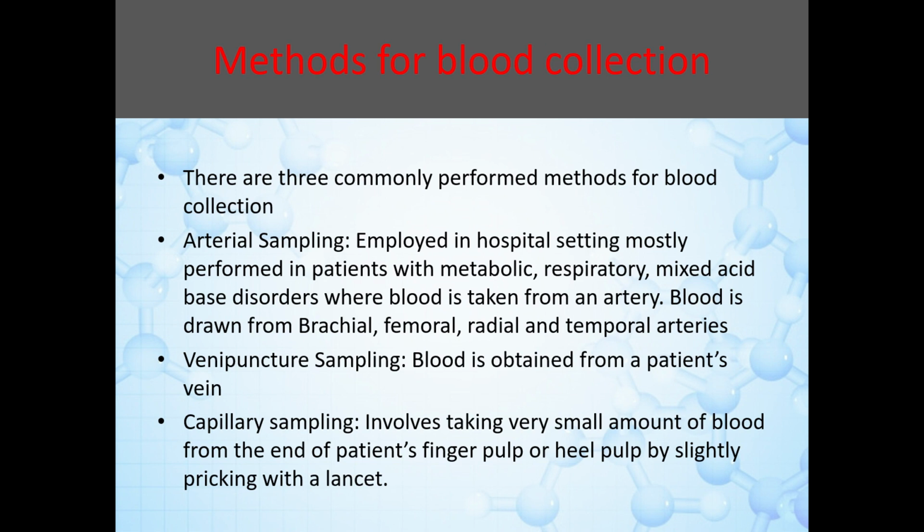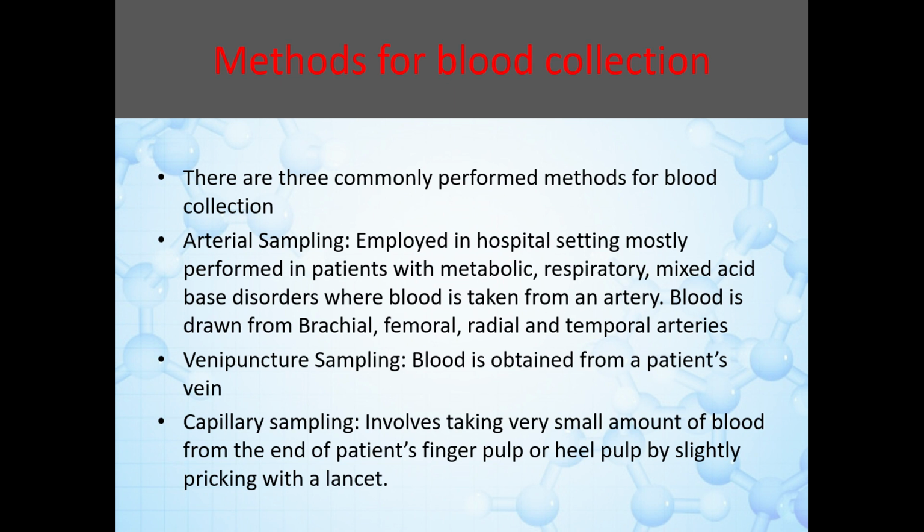Now, what are the methods for blood collection? There are 3 commonly performed methods for blood collection: the arterial sampling, the venipuncture sampling, the capillary sampling. So the arterial sampling is usually employed in hospital settings, mostly performed in patients with metabolic, respiratory, mixed acid-base disorders, where blood is taken from an artery.